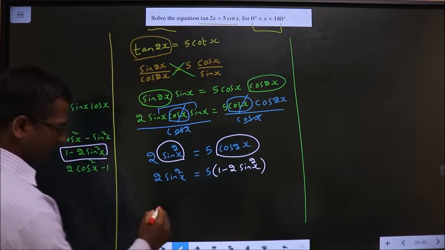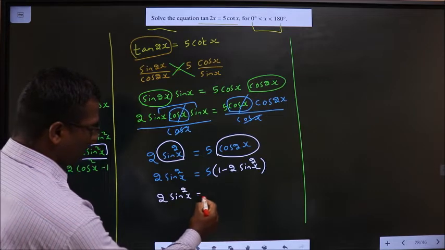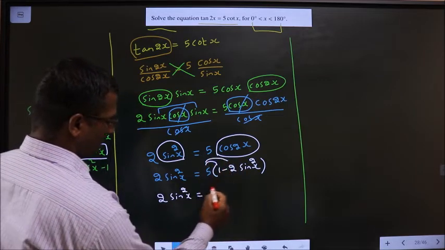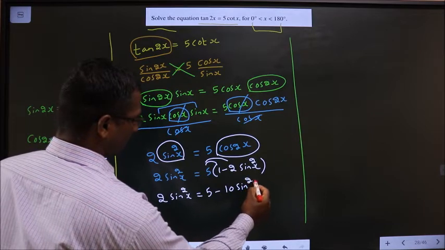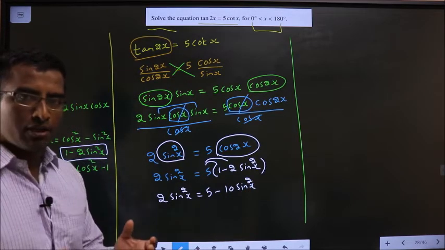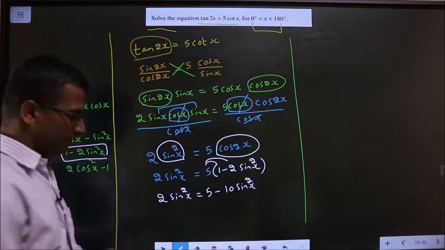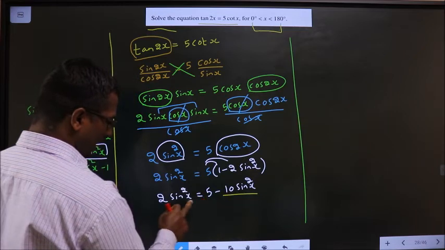Okay, next. Open up the bracket, or what I mean is multiply with 5. So 5 minus 10 sin square x. Now take all the sin square to one side. So this sin square and this sin square.